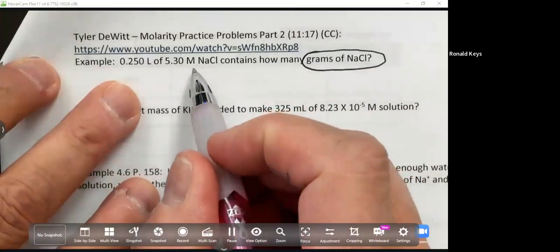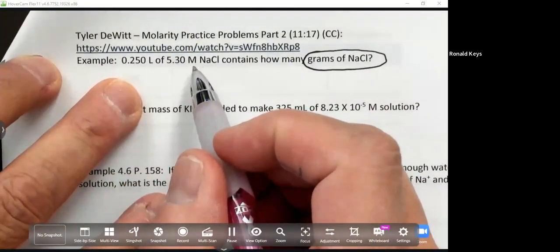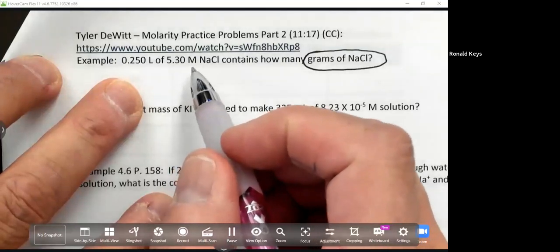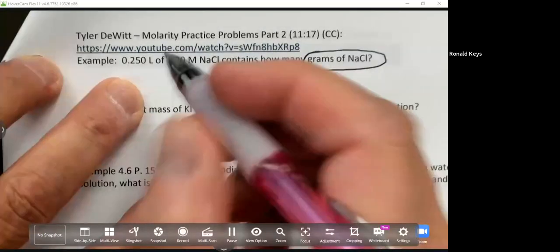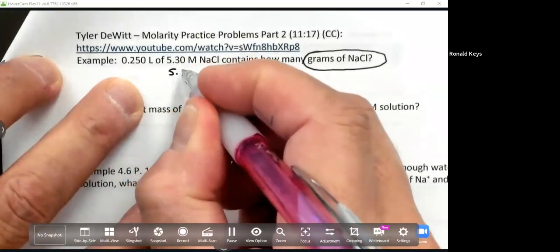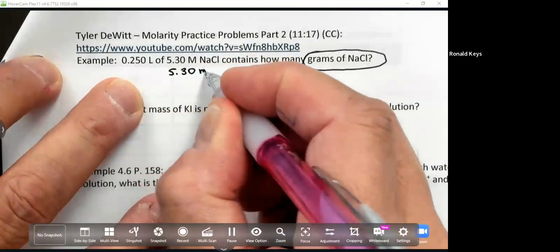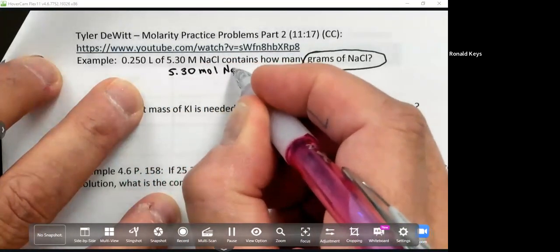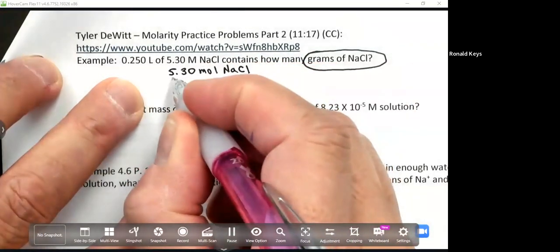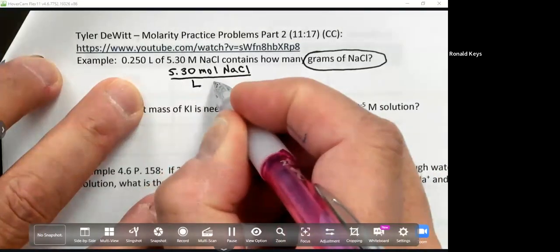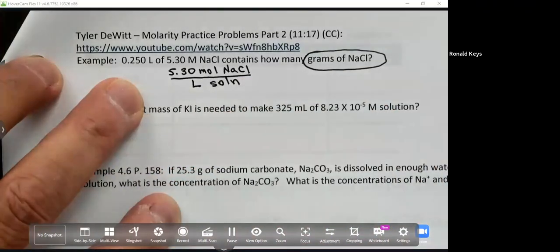I call this a double unit number. This is like MPH, which stands for miles per hour. That's a double unit number, right? But we can just put MPH. This right here means you have 5.30 mole of NaCl per liter of solution.